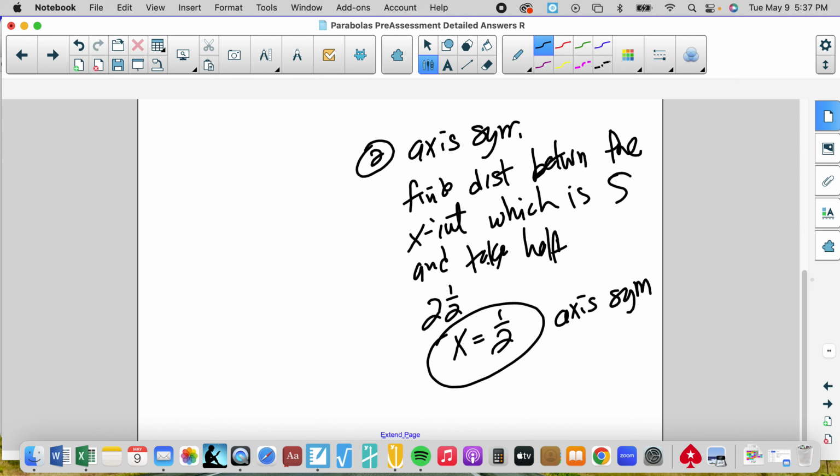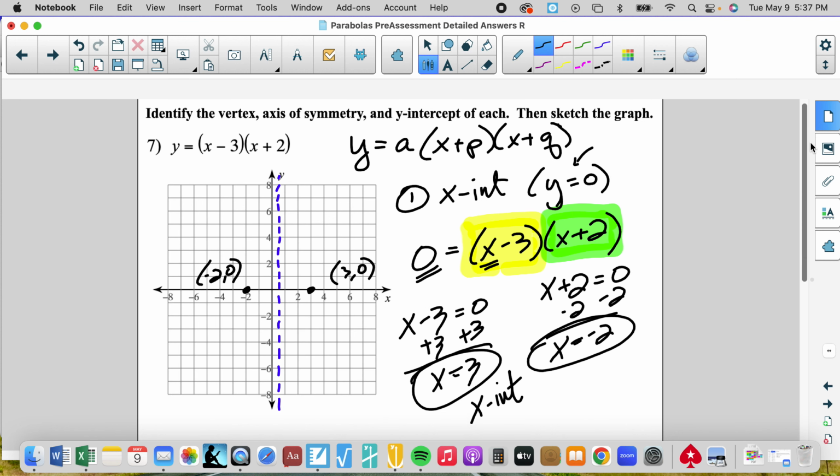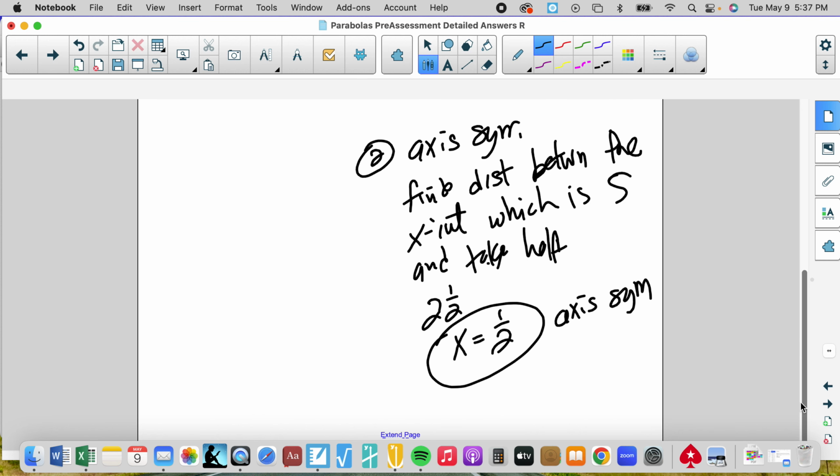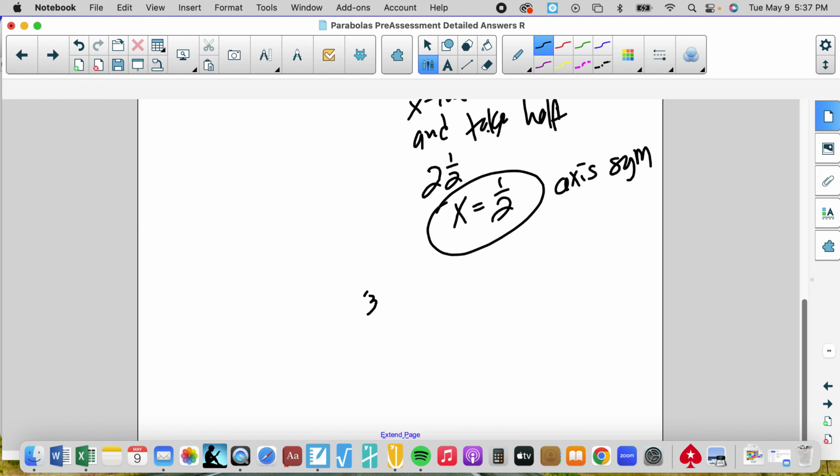And this is important not only so we can graph it, but also for our next step, which is to find the vertex. So we need to be able to find the axis of symmetry and have an equation so we know what x value to plug in.